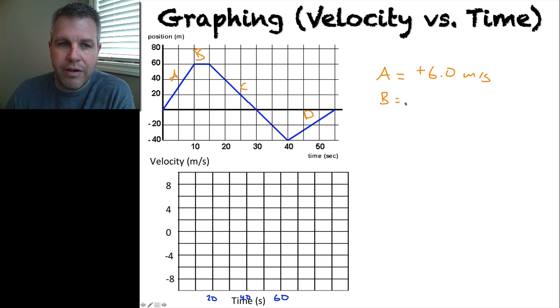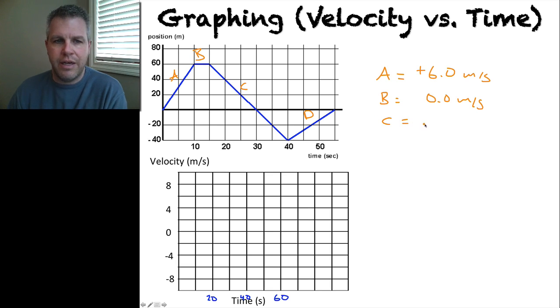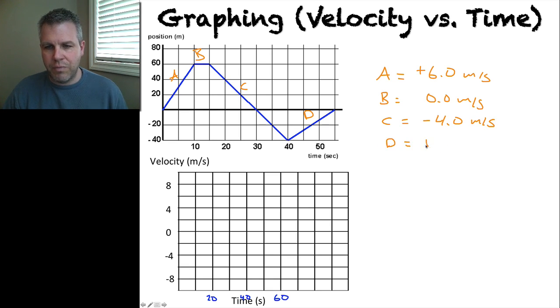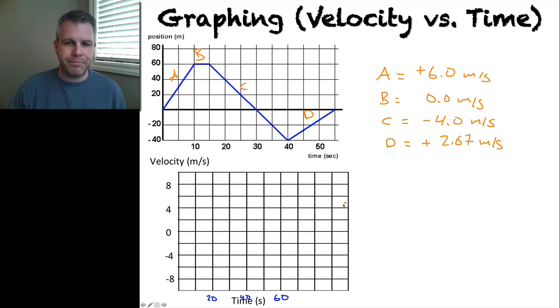Segment B has no slope, it's flat, so that makes that 0 meters per second. Segment C has a slope of negative 4.0 meters per second, and segment D has a slope of positive 2.67 meters per second, or 2.7.